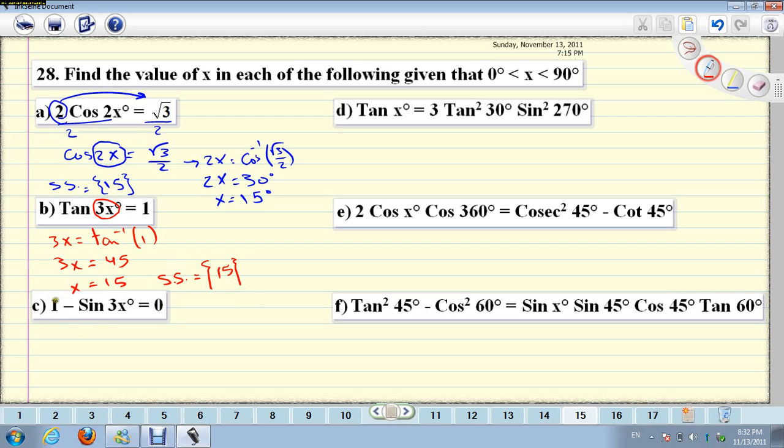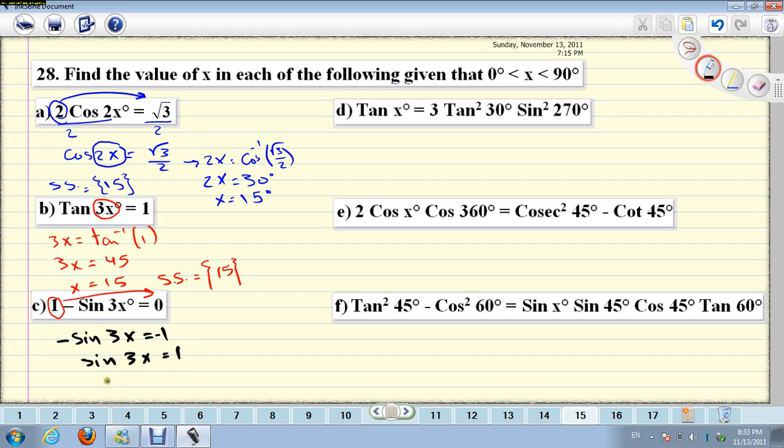Okay, for this one I'm going to move 1 to the other side. Let's use another color. So negative sine 3x equals -1. Then I'm going to divide both sides by -1, so sine 3x equals 1.